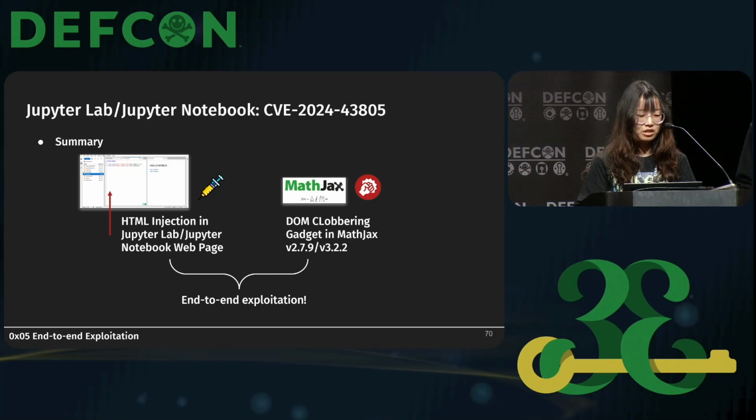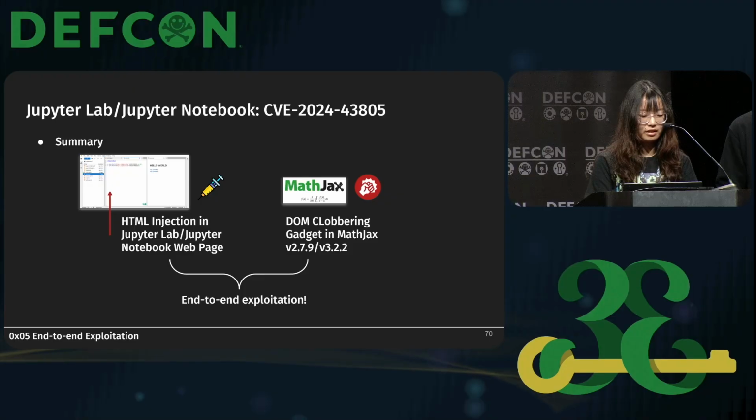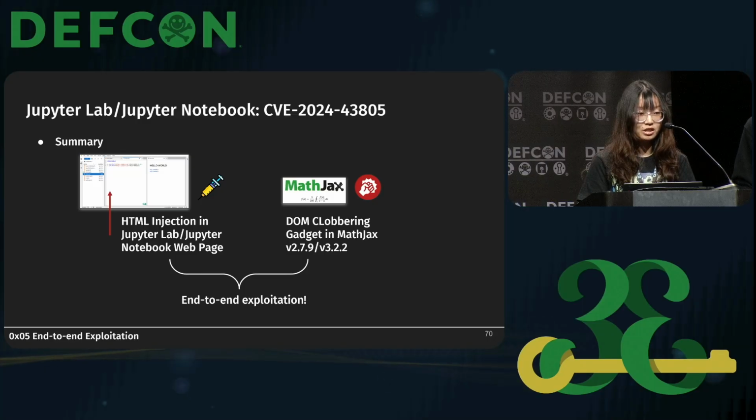In summary, we found HTML injection in the Jupyter Lab and Jupyter Notebook webpage, and we also found DOM Clobbering gadgets with Hawk in MathJax, both version 2 and version 3. The MathJax library is used by Jupyter Lab to render mathematical formulas.